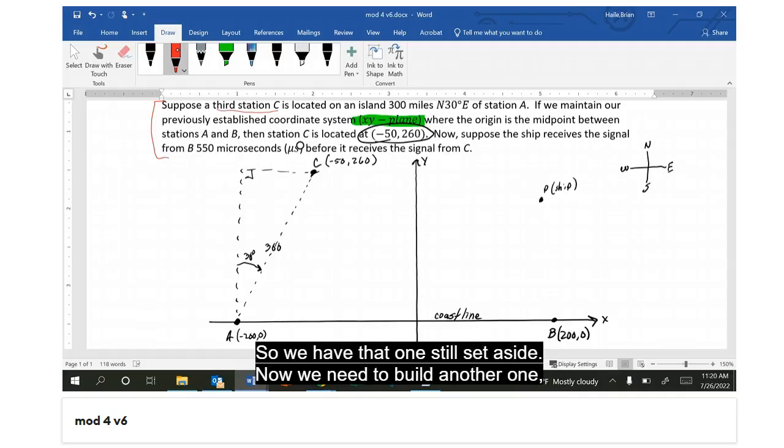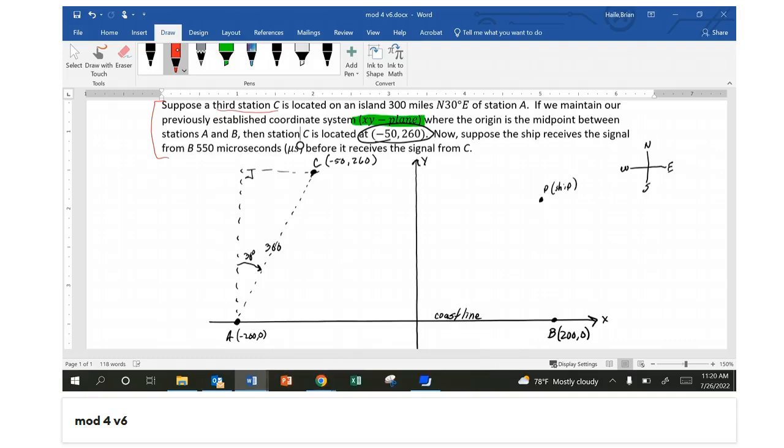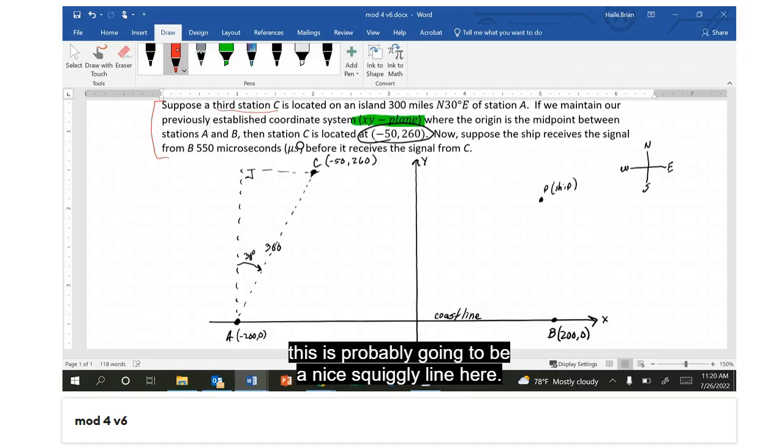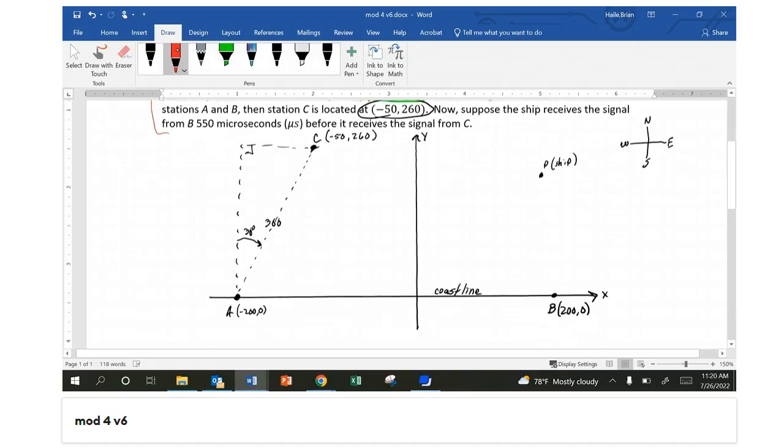Now we need to build another one. But to build it, as we've done in the past when doing analytic proofs, we're going to put a set of axes on here to make things nice. Bear with me, this is probably going to be a nice squiggly line here.